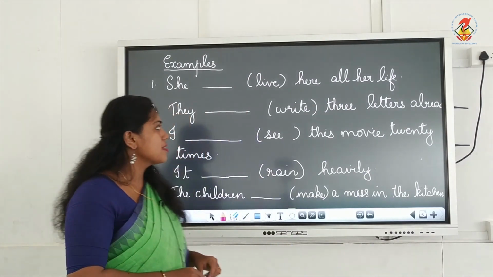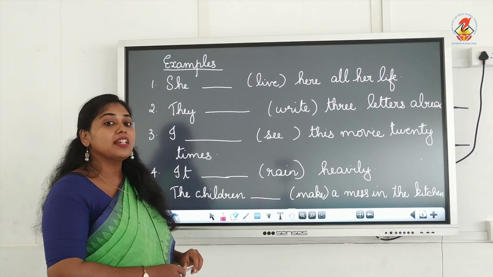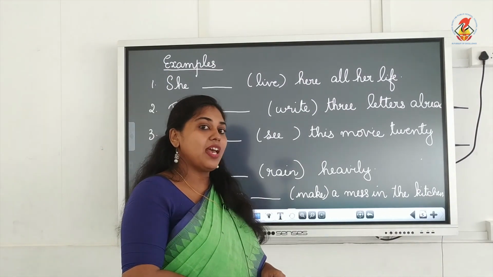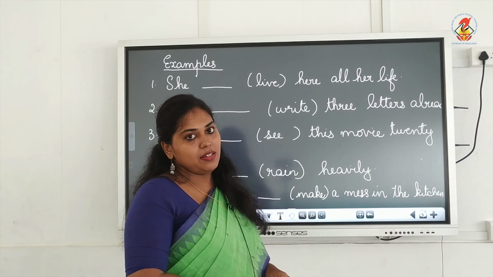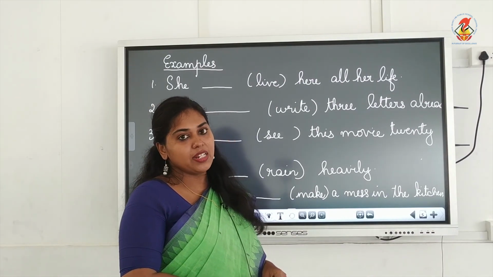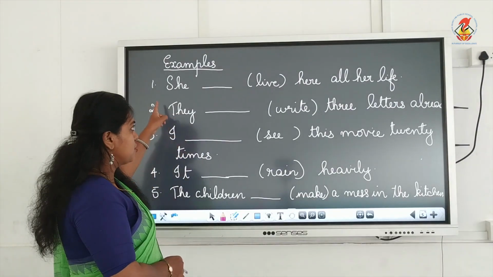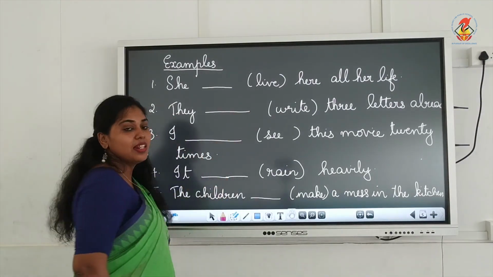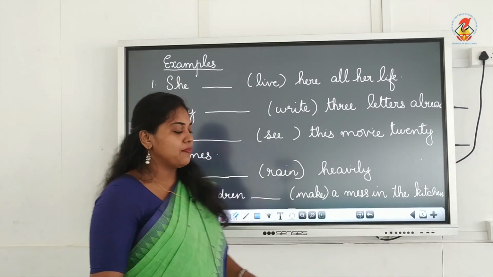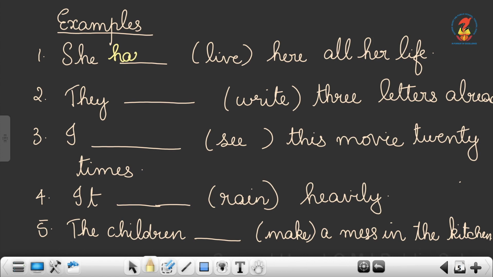So what is the subject here, children? Yes, she is the subject. If she comes, which helping verb do we have to take, has or have? Has, right? For the subject she, we select has as the helping verb. So she has, and the past participle of live is lived. So the answer would be she has lived here all her life.